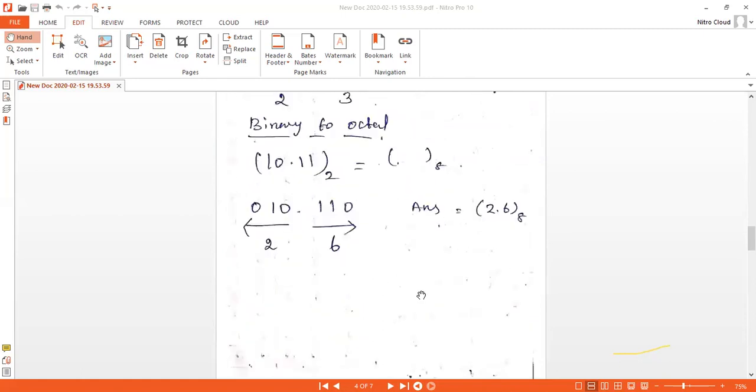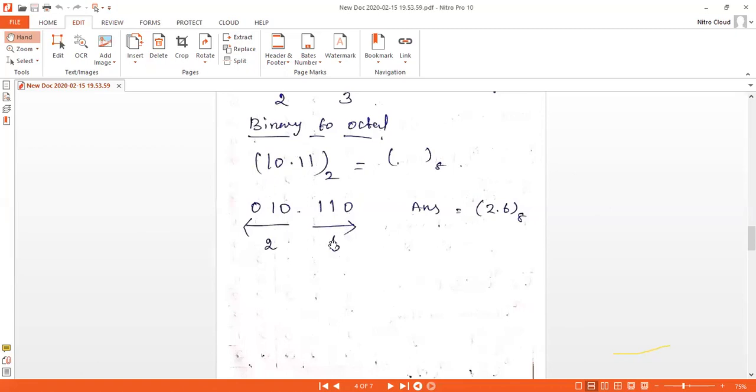The same decimal model. 10.11, binary value to octal value is dash. Already I told you that for octal you have to break up the number into 3 digits. Now look at 11 after the decimal point.